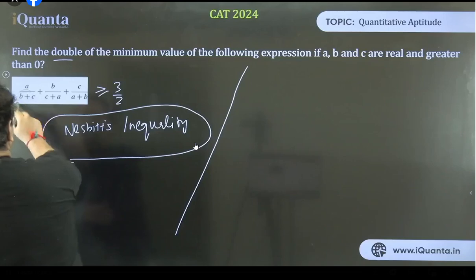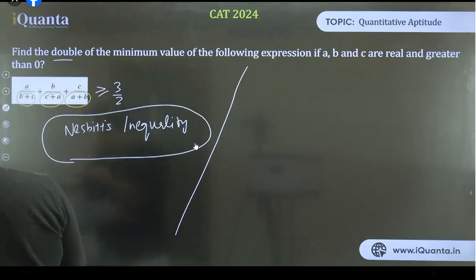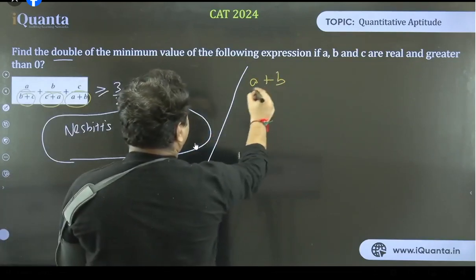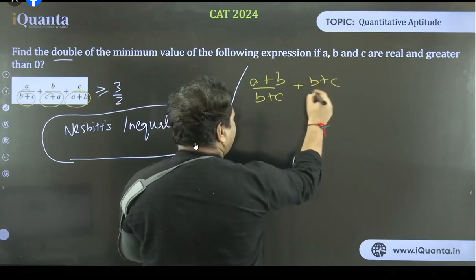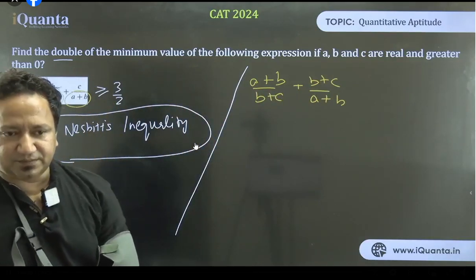See, we have b plus c, c plus a, a plus b, these kind of things with us. So I want to have these things only. So I'll take a plus b upon b plus c, plus b plus c upon a plus b, just the reciprocal of the first expression.